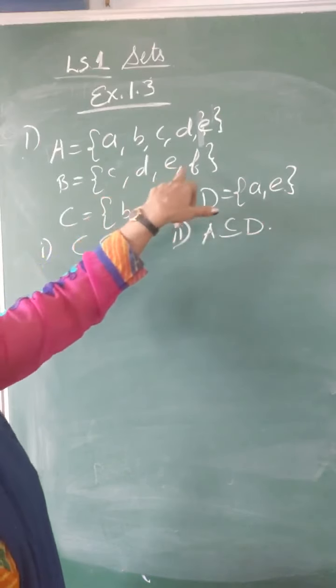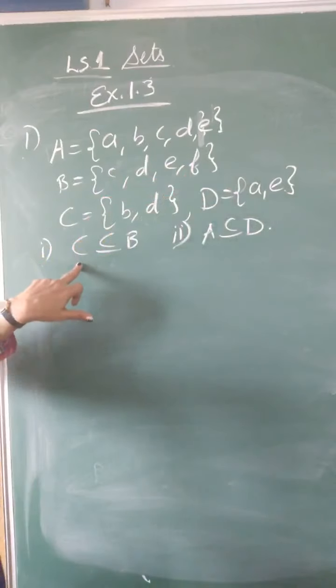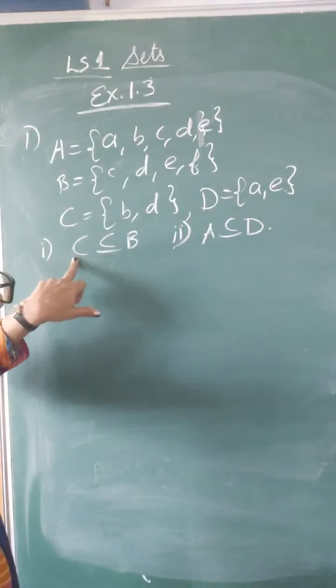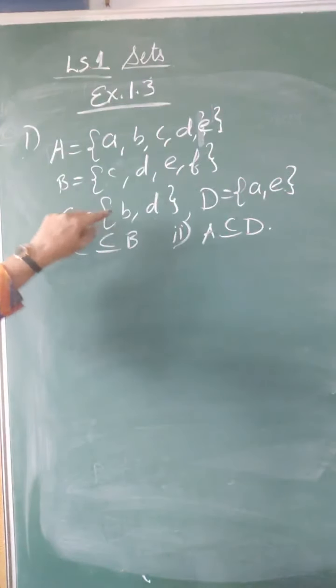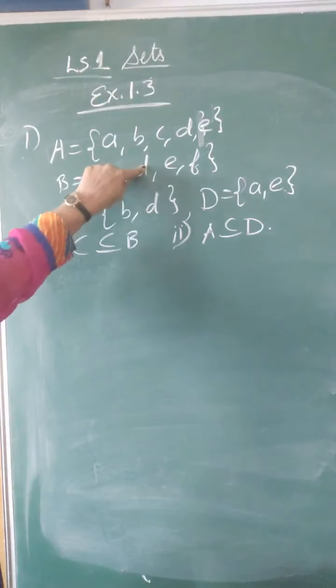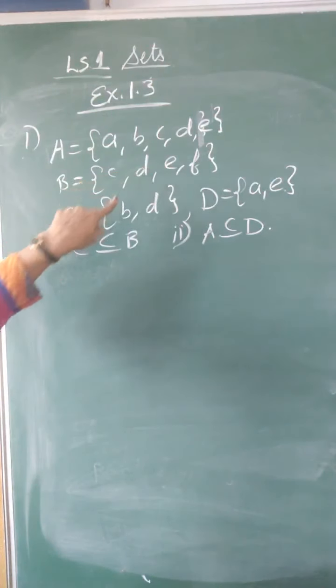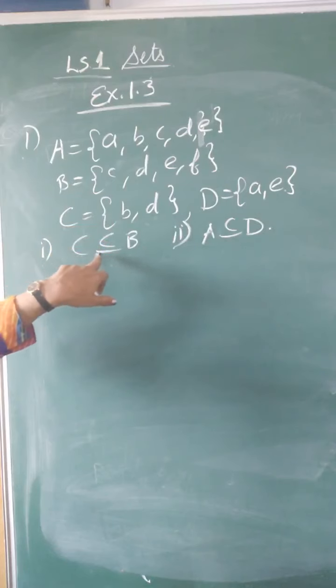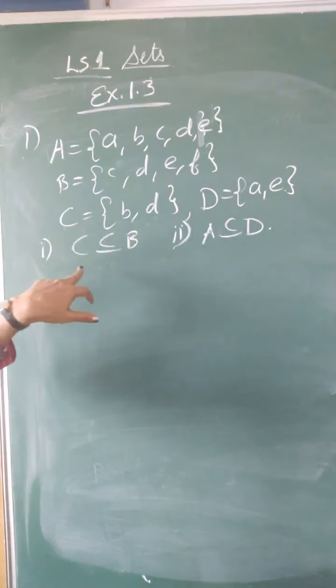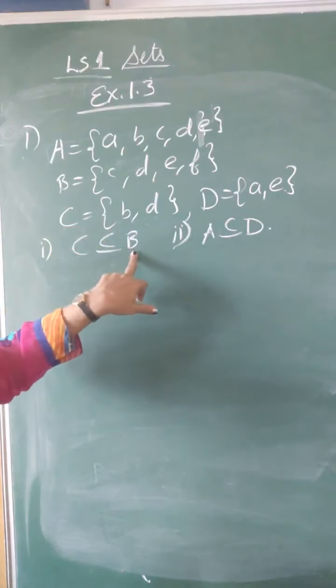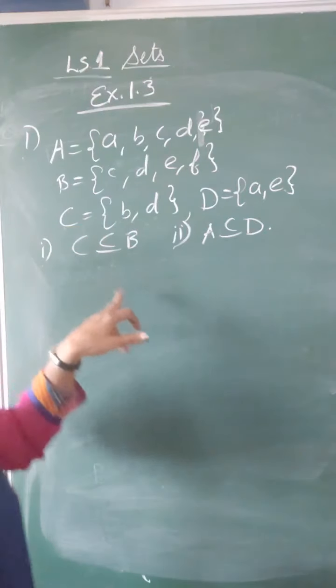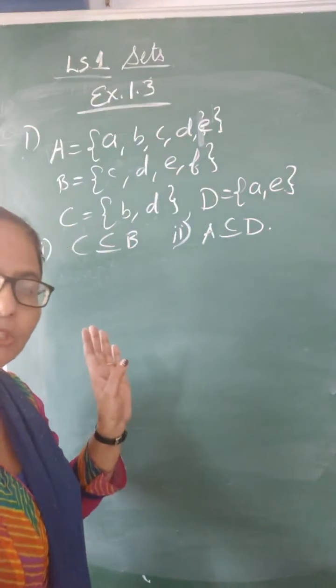C, D, E, F. The question is whether C is a subset of B or not. As you can see, D is there. Is there B element? No. So C is not a subset of B, and the given statement is false.